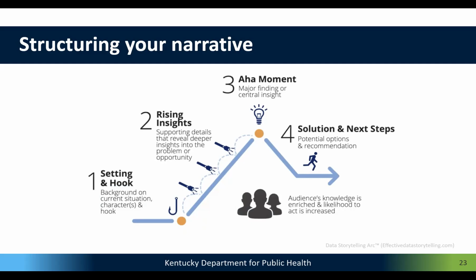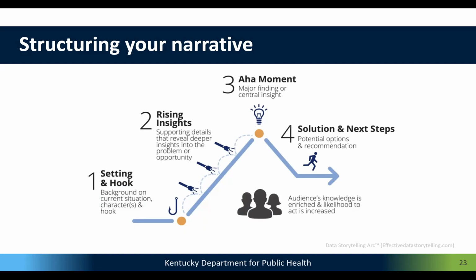Next, proceed by building the narrative with the rising insights. These are the facts, data, and trends that gradually paint a picture of the problem or situation that you're addressing. Use visual aids like charts and graphs to illustrate these insights clearly, for example, using the various event level and summary level data elements to craft your story.